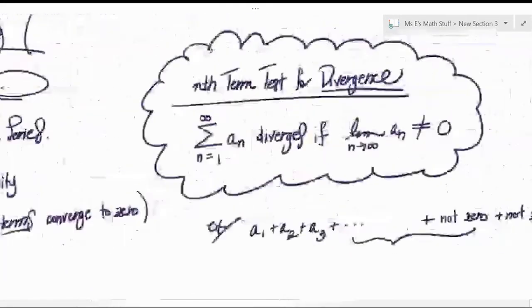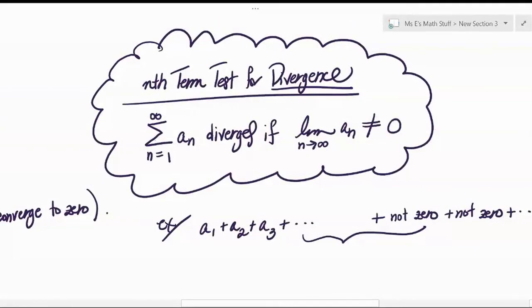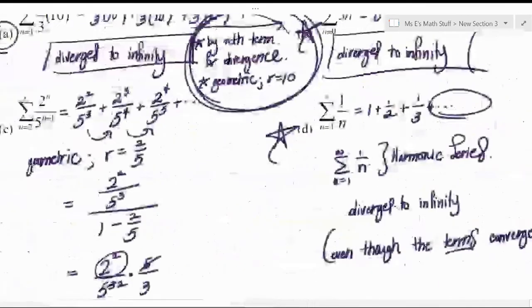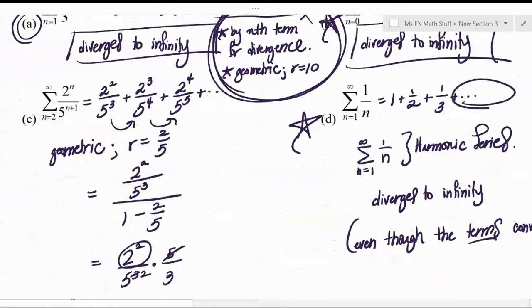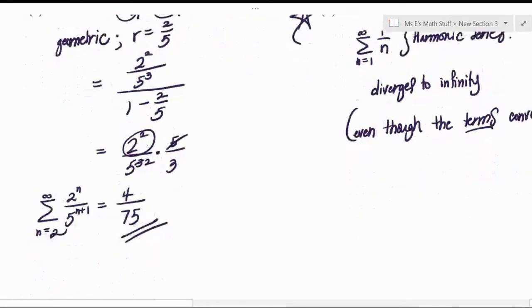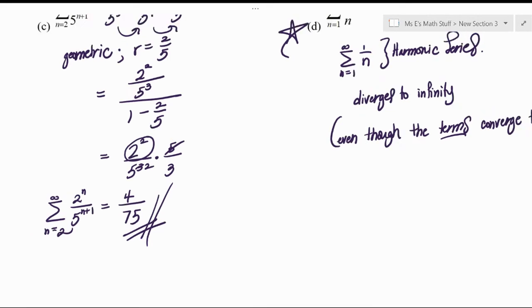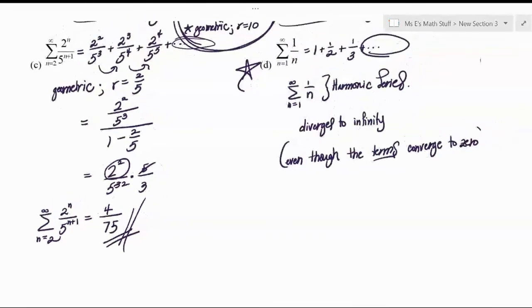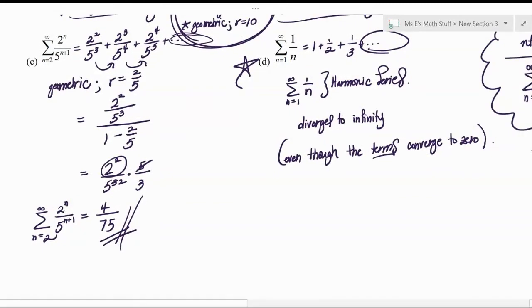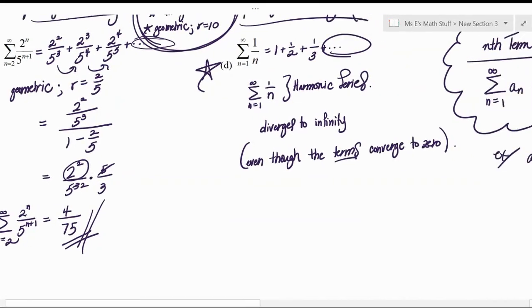The nth term test says that your sum will diverge if the terms don't approach 0. Well, what does that mean if the terms do approach 0, like in part C? While the terms do approach 0 in part C, and we did find out that it converged, you would not want to use the nth term test for it, because the nth term test will only tell you when you know for sure that something diverges. It doesn't tell you anything about convergence.